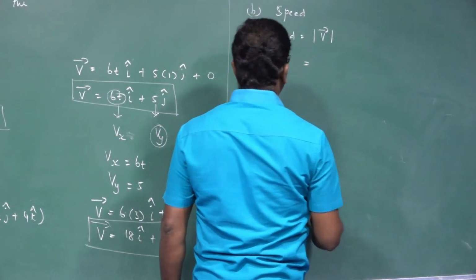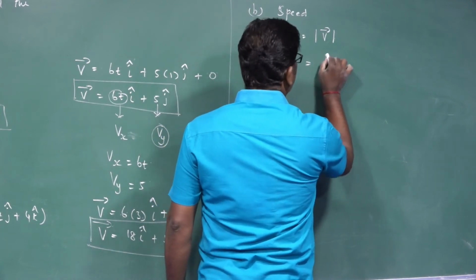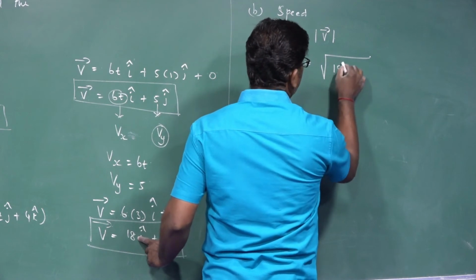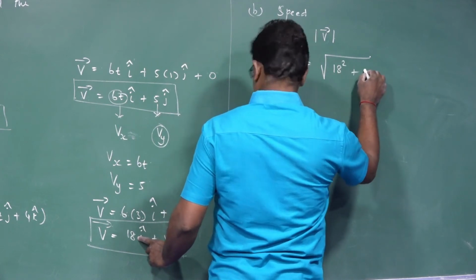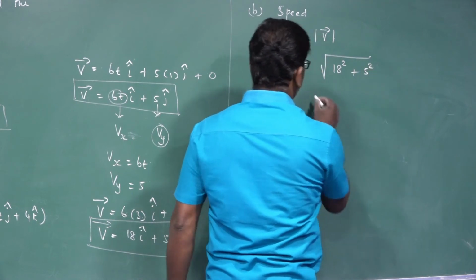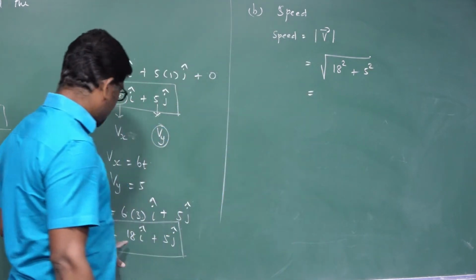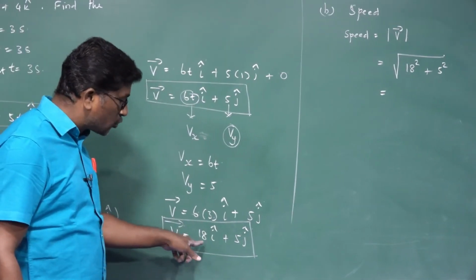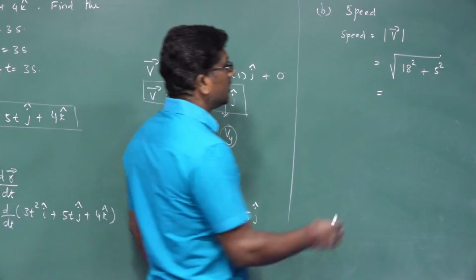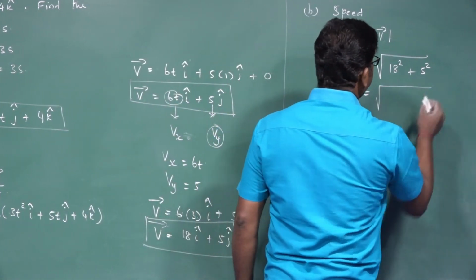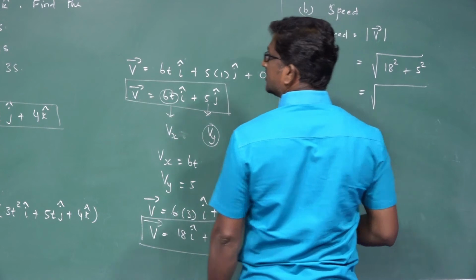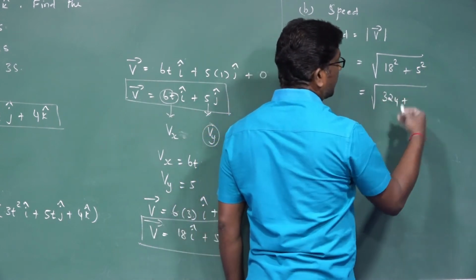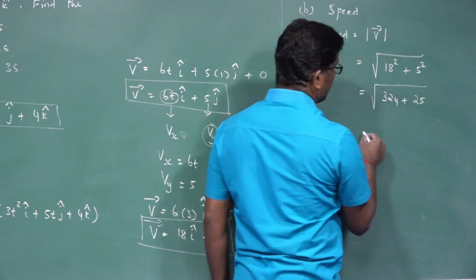And the modulus of v vector, we know the rule, is equal to the square root of 18 square plus 5 square. So v vector equal to 18 i cap plus 5 j cap. The magnitude of v vector is equal to square root of 18 square plus 5 square. 18 square, 18 into 18, is 324, plus 5 square, 5 into 5, is 25.